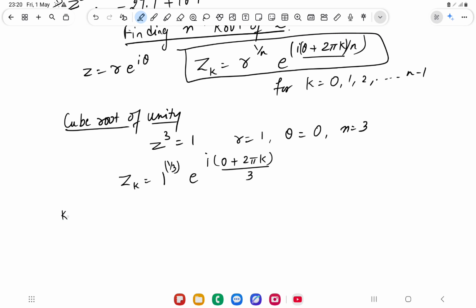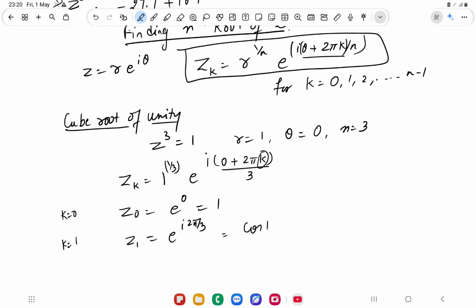Now if I put k as 0, my first root will be e to the power 0, that is 1. My second root will be e to the power i 2 pi by 3, replacing k as 1. So 2 pi by 3 is basically 120 degrees.